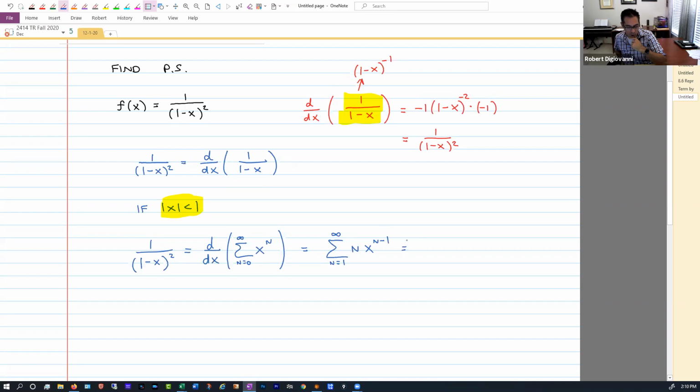What happens when you plug in 1? You get 1. What happens when you plug in 2? 2x. Plug in 3, 3x squared. Plug in 4, 4x cubed, plus 5x to the 4th, plus forever.